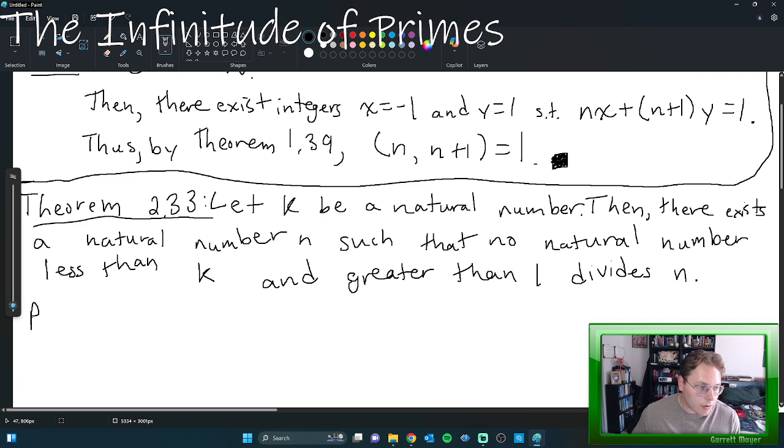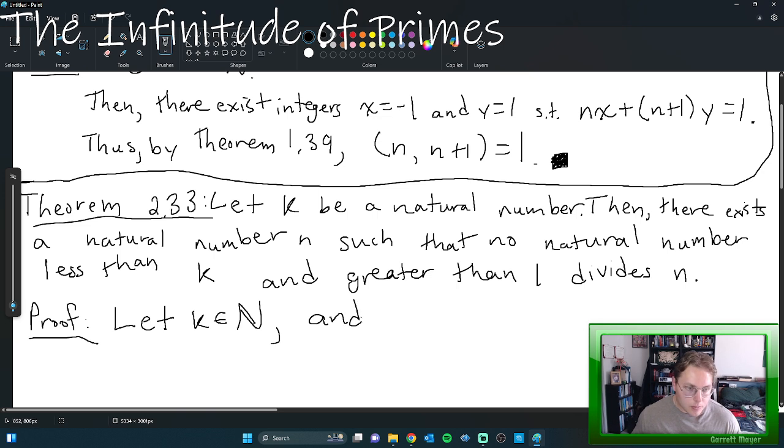Okay, and then for this proof, this is going to give us an understanding of some of the logic behind how we're going to prove that there's an infinite number of primes. So for this one, we will let k be a natural number and let n equal k factorial plus 1.